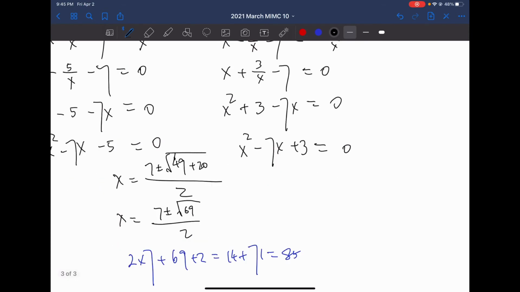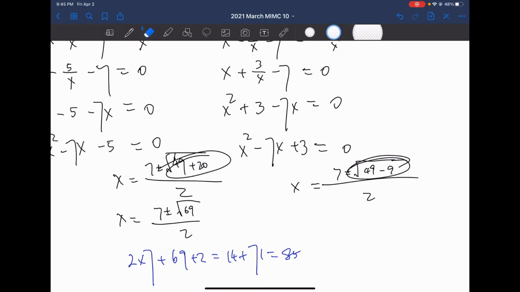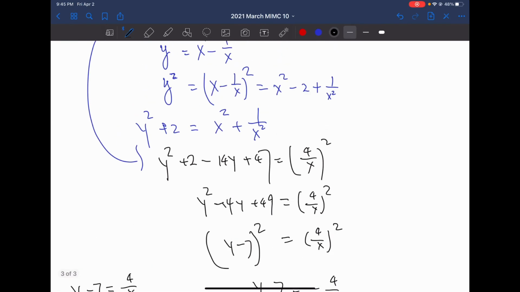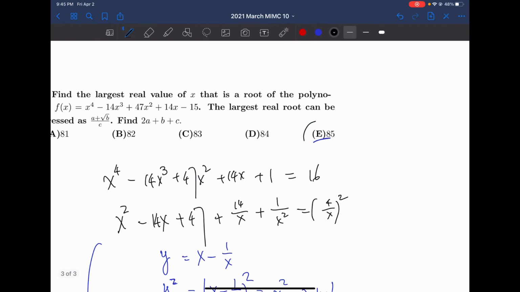The only difference is the constant term, and if we write out the quadratic formula, that will be basically similar to the original one, except that it is going to be minus 9. Clearly, you can see that this solution would be, oh, that's not minus 9, that's 4ac. That should be minus 12. That's even smaller. So this solution would be larger. So our answer for this problem would be E, 85.